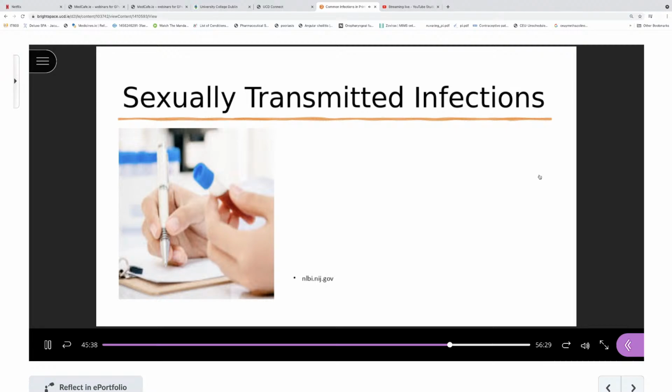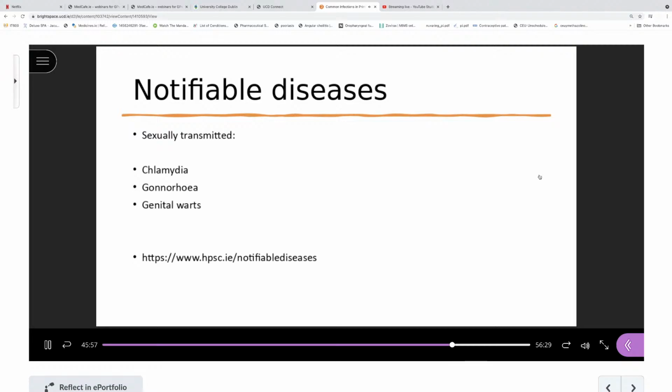Of course, if anyone has any symptoms of a sexually transmitted infection, they should present. And we also need to consider this in people with urinary symptoms as well. So somebody with stinging or burning passing urine may not have a urinary infection, but may in fact have chlamydia or gonorrhea.